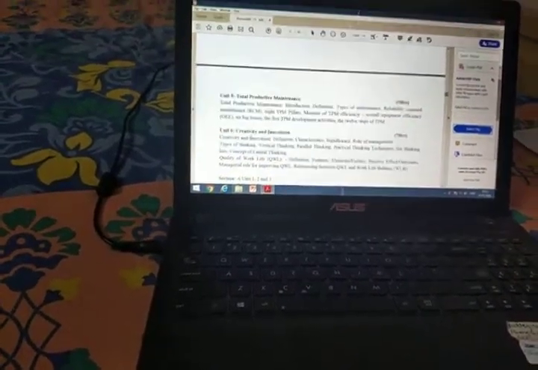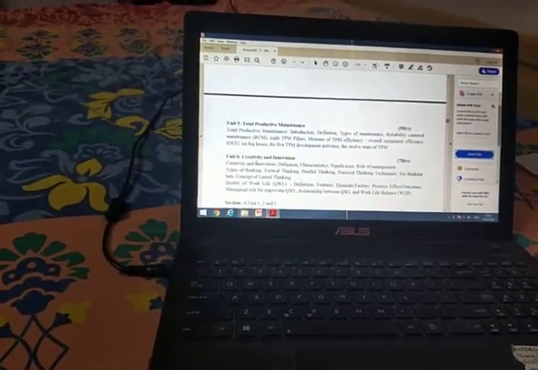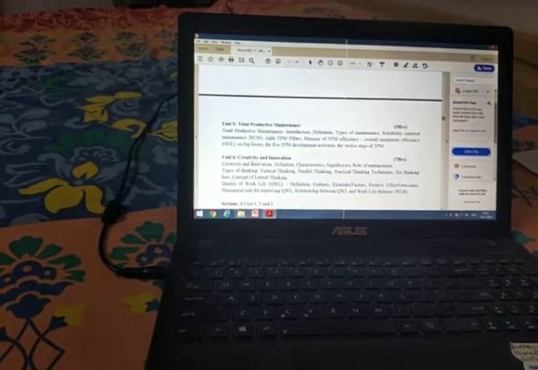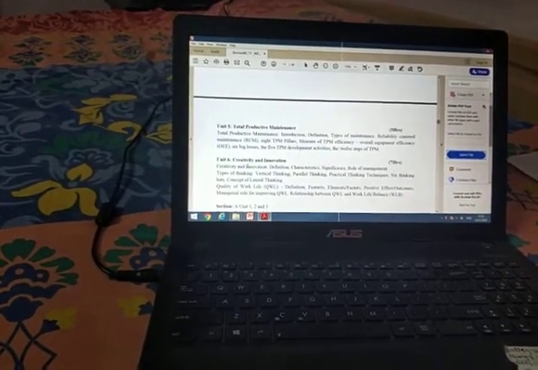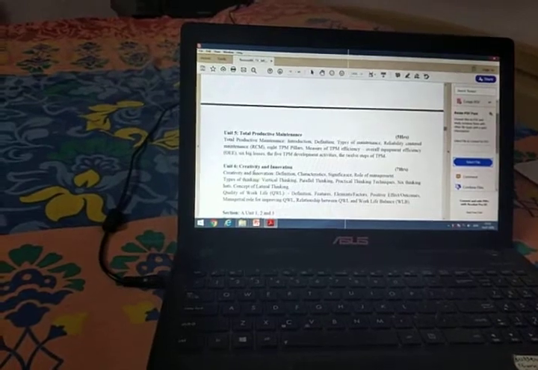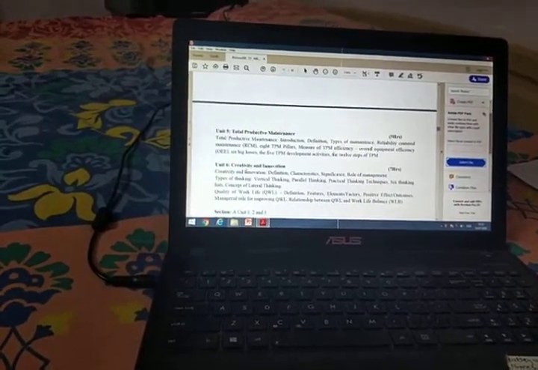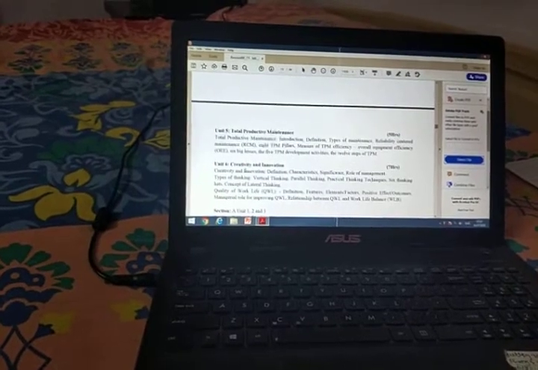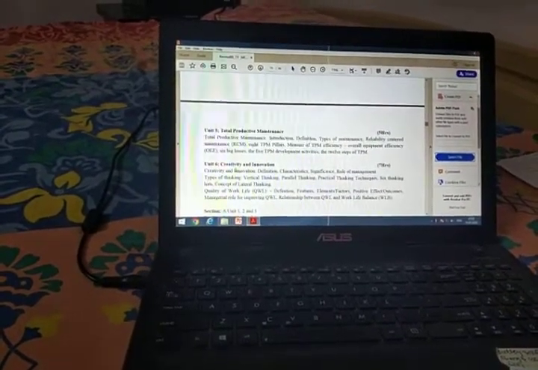Then we will have a chapter on total productive maintenance. It is not regarding the maintenance alone, but generally related with maintenance. It means ownership is given to the worker so that he can work in a proper manner and increase the production with minimum inputs.